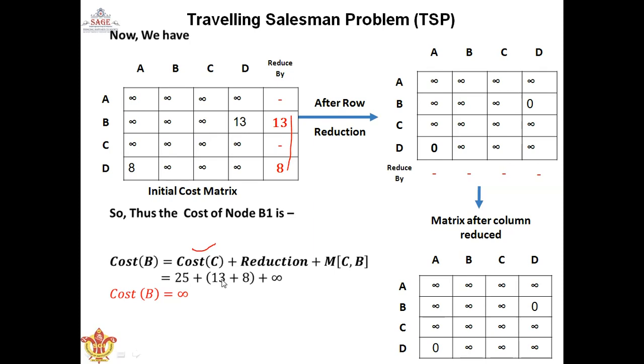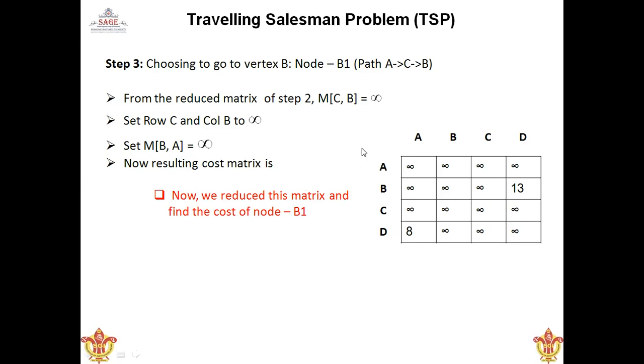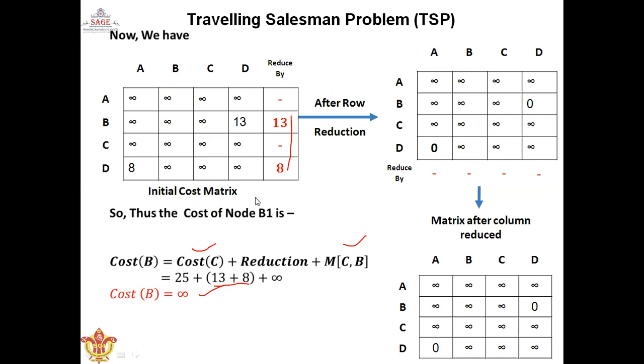We are going to get infinity itself because the value of MCB is infinity. So the value will not change and the result will not be affected, but here we'll have to write infinity instead of G.